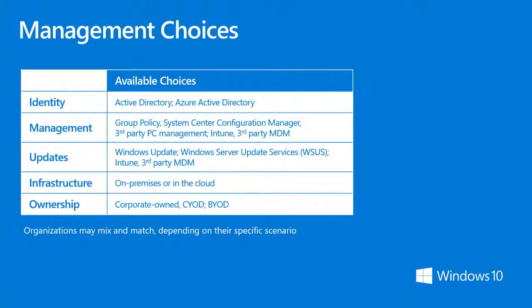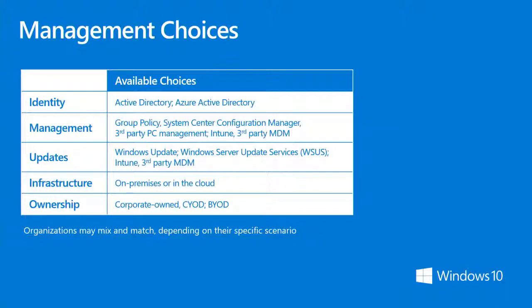So when we look at choices, we've got a few now. On the identity side, we have Active Directory and Azure Active Directory. How many of you are using Azure Active Directory already? A fair number. Office 365, Intune, and a lot of our Azure-based services use Azure Active Directory for authentication.